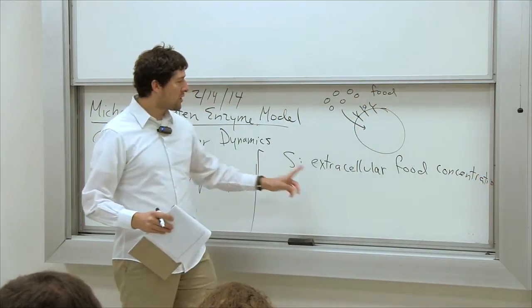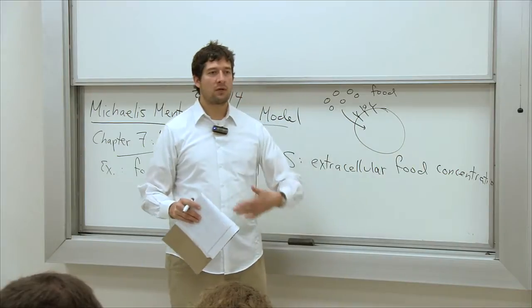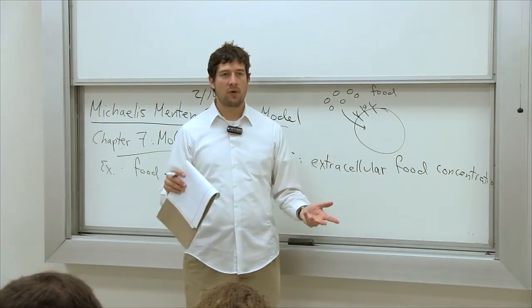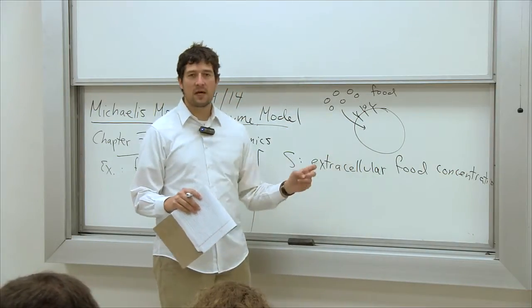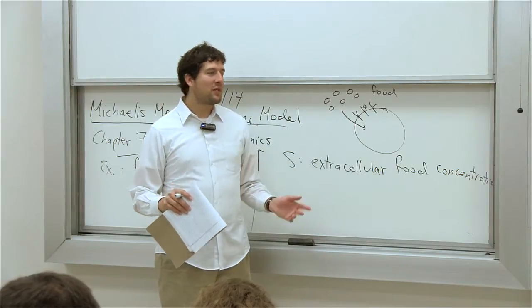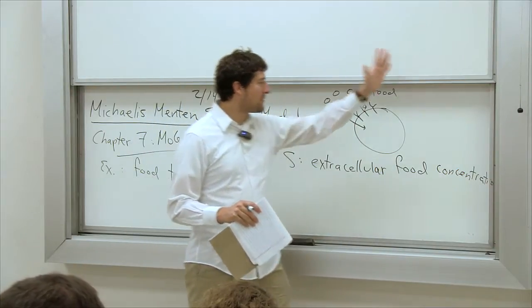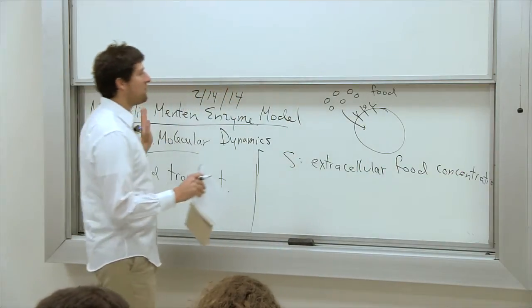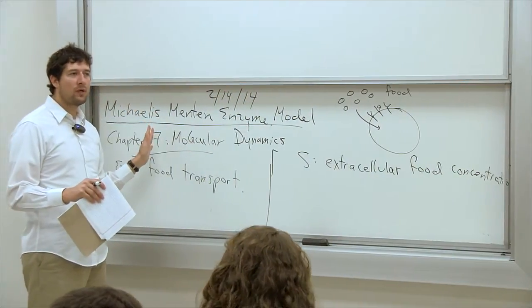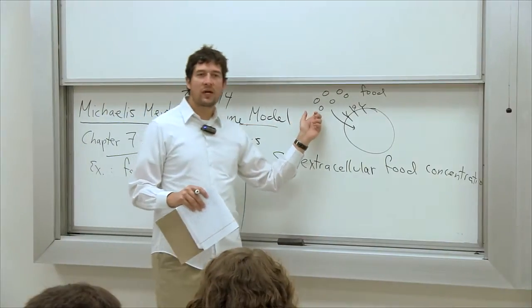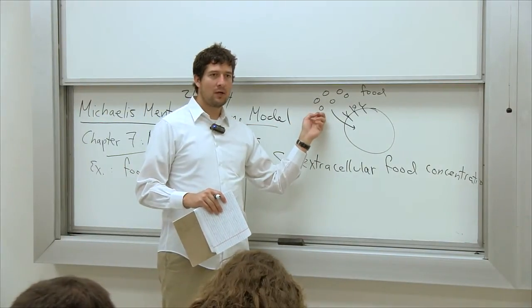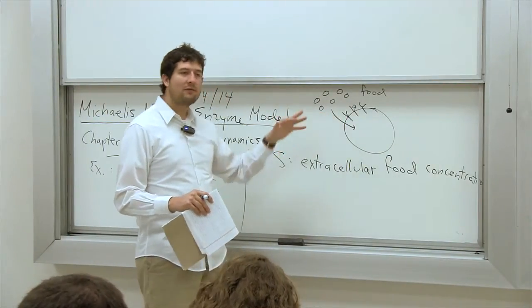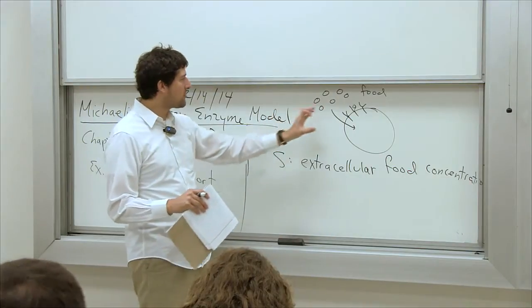You can also talk about extracellular food numbers, with the units being the number of molecules. But in the case of cells, it really depends what boundary we have. If the plate goes all the way up to here, you get a very different number from if you count all the way up to here. So instead we talk about concentrations. It doesn't matter how much food there is overall in the plate, it just matters what the concentration is.